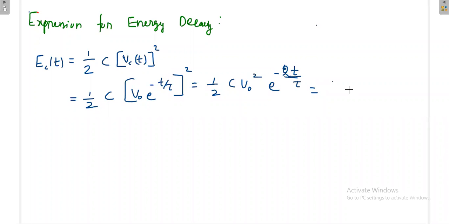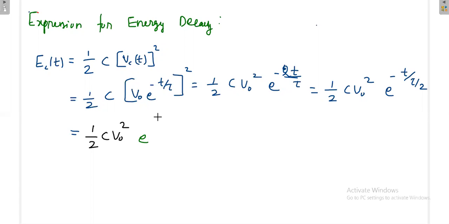I can rewrite this as 1/2 C V0 squared e^(-t/(tau/2)). This 1/2 C V0 squared is the initial energy in the capacitor, decided by the previous circuit. With respect to this initial energy, it decays with the function e^(-t/(tau/2)). So instead of tau, we got a time constant of tau by 2.